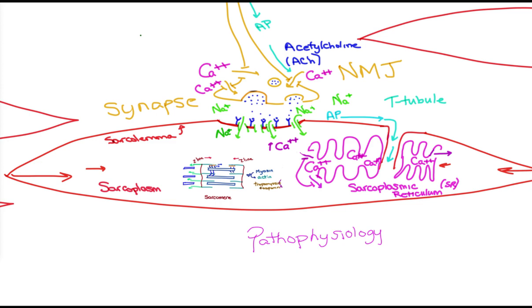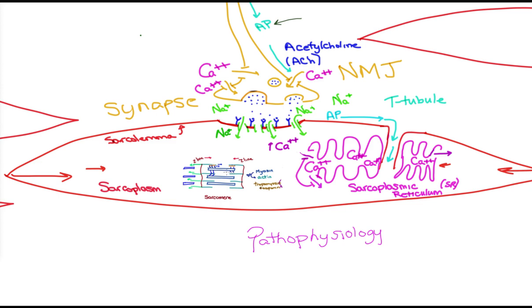So for example, let's say something happens here with the action potential. It cannot reach the terminal end of the neuron. So there's something wrong with the neuron. Sometimes the signal doesn't get sent. For example, in Parkinson's disease, there's a problem with the neurotransmitter dopamine. It doesn't make enough dopamine, and so a lot of signals just don't get sent appropriately.